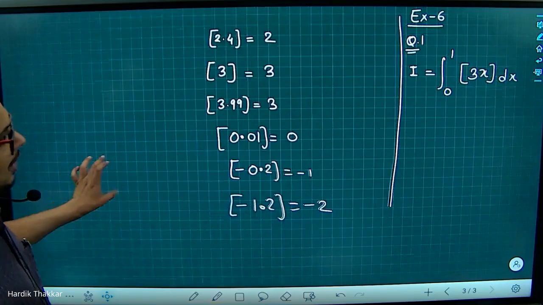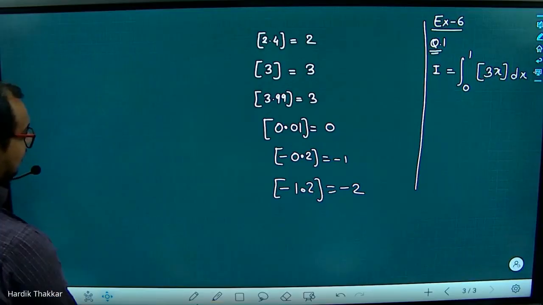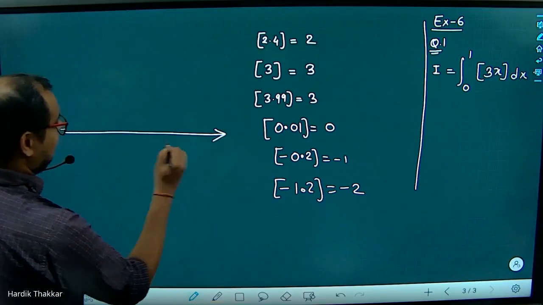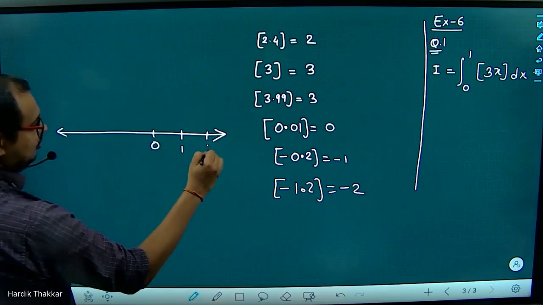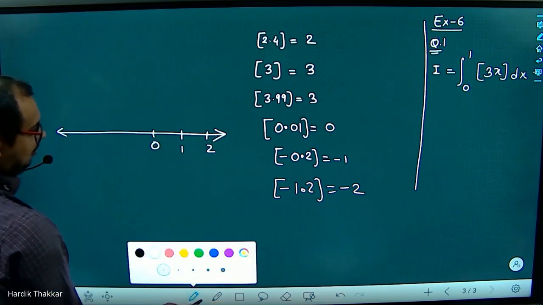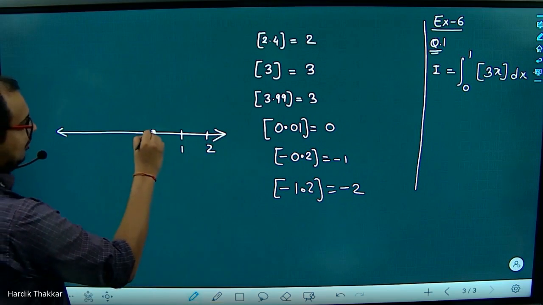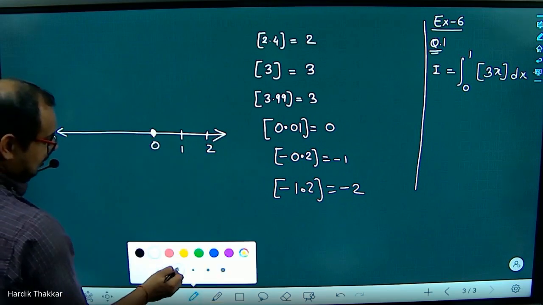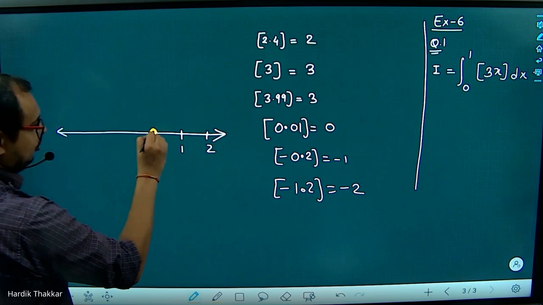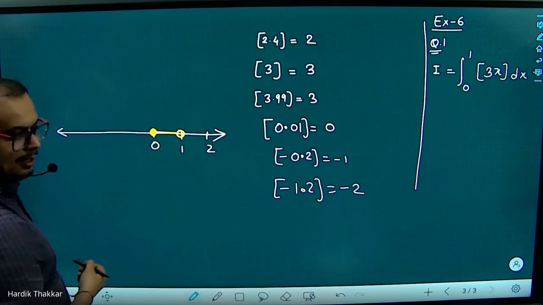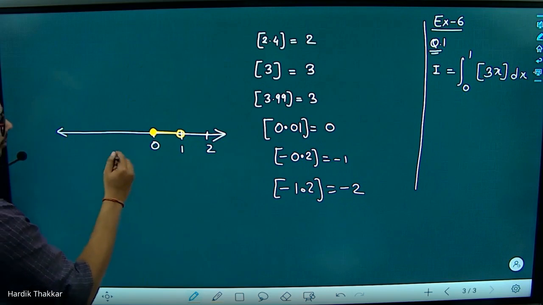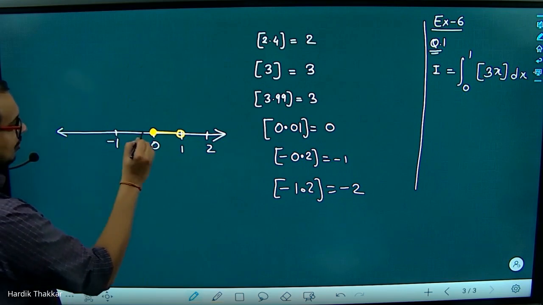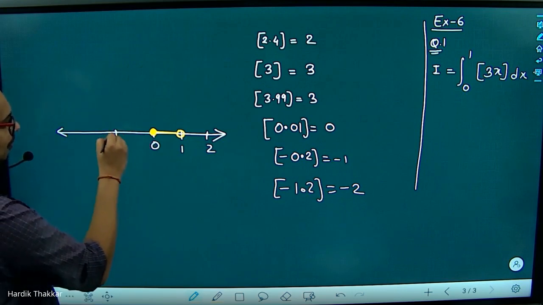If you have any doubt, you can check with the number line. Here it is 0, here it is 1, 2, like this. Any number from 0 up to before 1 gives result 0. Any number from minus 1 up to before 0 gives minus 1.